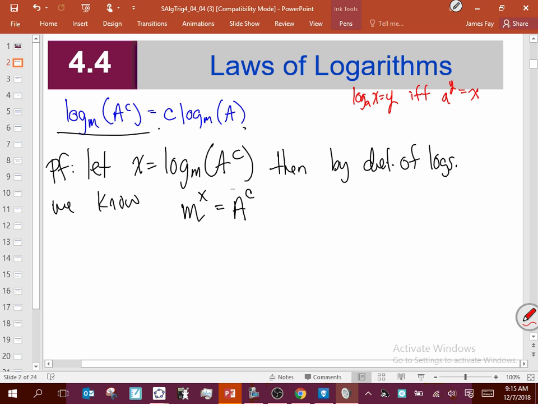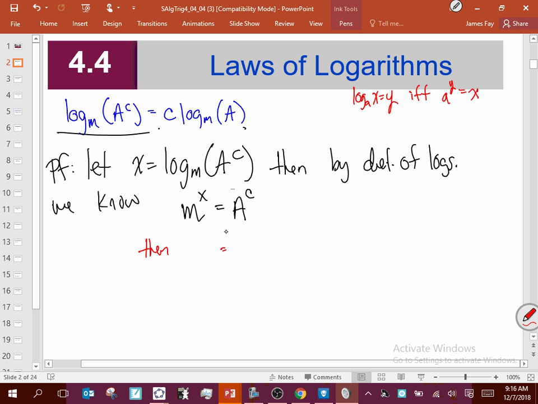Now, if I want to do that, instead of taking the root and using the root notation, I want to use the exponent notation. So what should I raise that to so I can get it to become a? What did we just say? If I take the cth root, if I was going to take the square root, I'd raise it to a 1/2, right? If I take the cube root, I'd raise it to a 1/3.